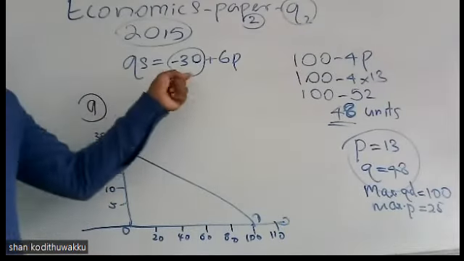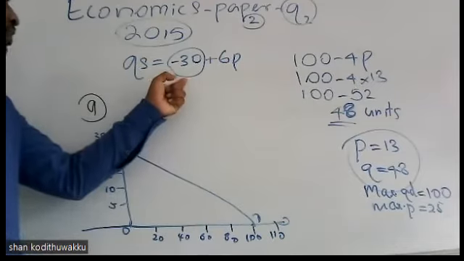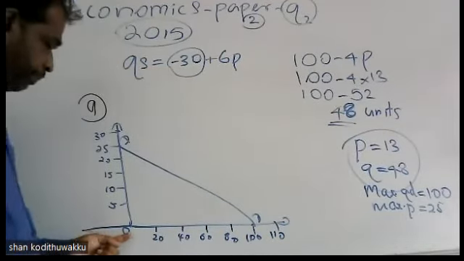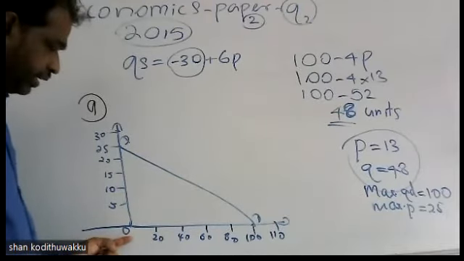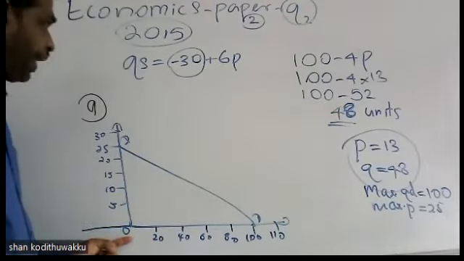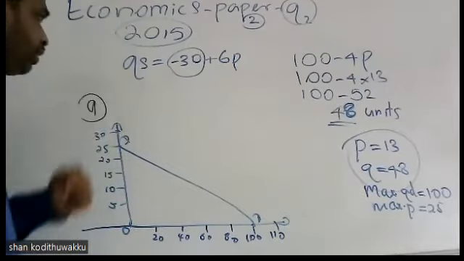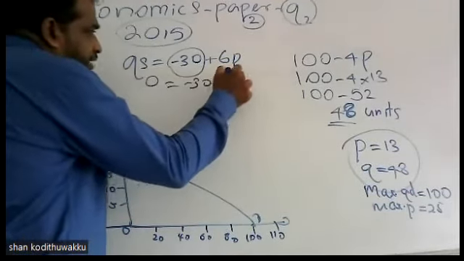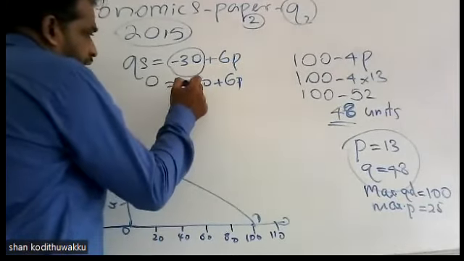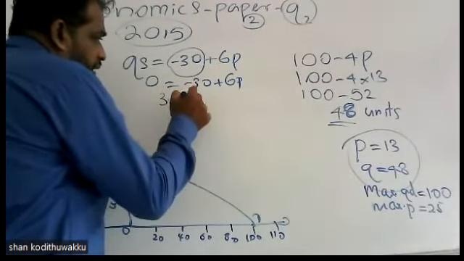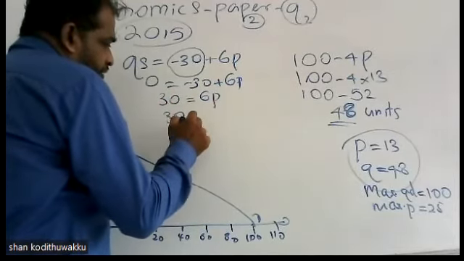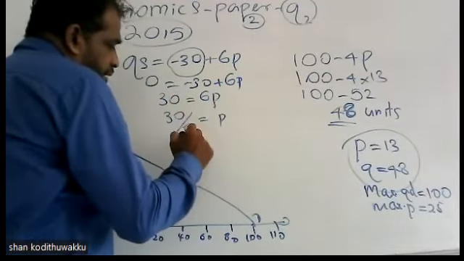Then this is your supply equation. When the price is 0, you can find the supply by applying 0 to this equation. 0 equal minus 30 plus 6p. Then you can take minus 30 to this side, 30 equal 6p. 30 divided by 6 equal p, then 5.